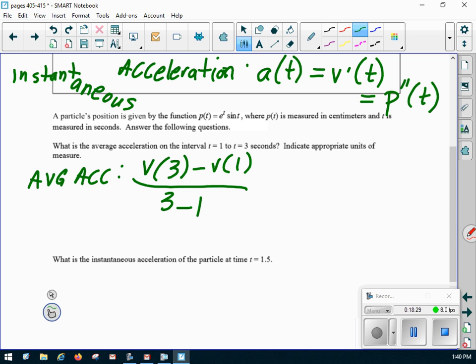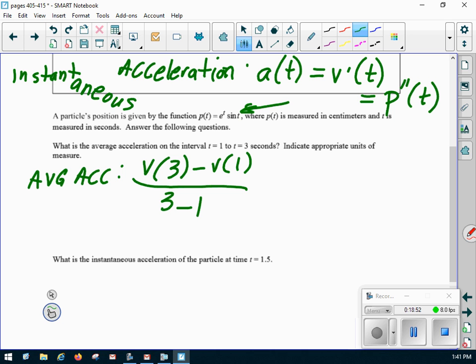How are you going to let your calculator do that? Have you got the velocity graph? Do you have that in your Y2? The first equation you have in your Y1 is this, right? Which is position.